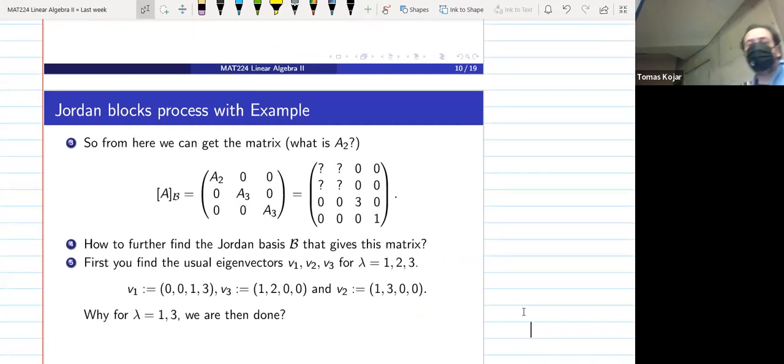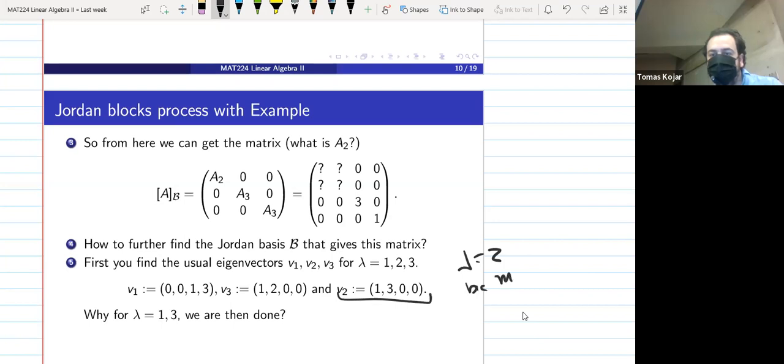For which vector do I have to do the work? Yes, I have to do the work for the lambda 2, B2, because multiplicity is 2. So K2 is 2, and I'm missing one vector.